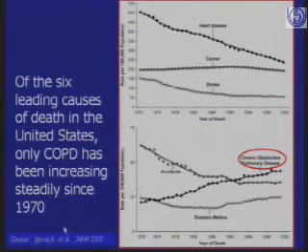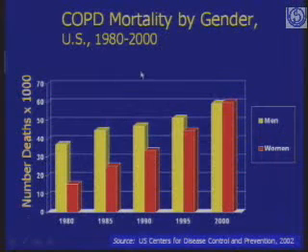Another thing is that since 1970, all-cause mortality from heart disease, from cancers, from strokes, from accidents has actually gone down. The only mortality figure which has been steadily rising all across is chronic obstructive airway disease, and this is very alarming and is causing a major problem. This is true for both men and women.